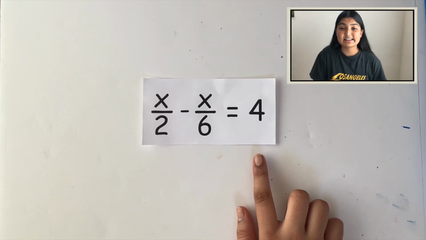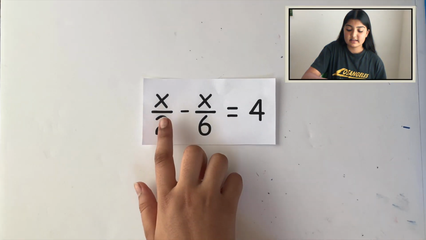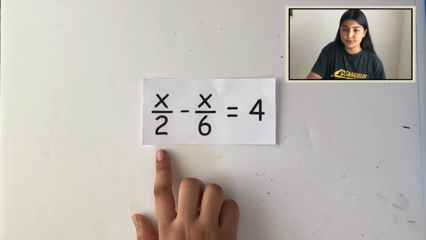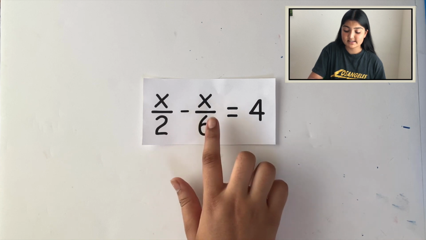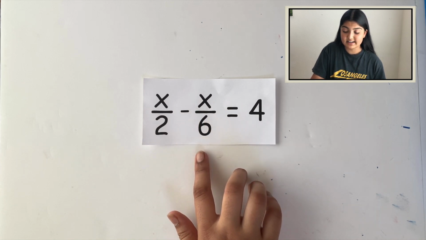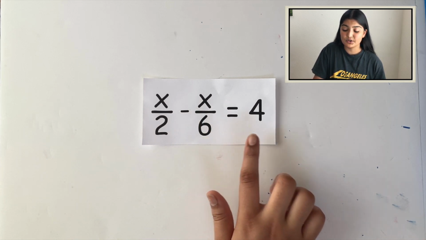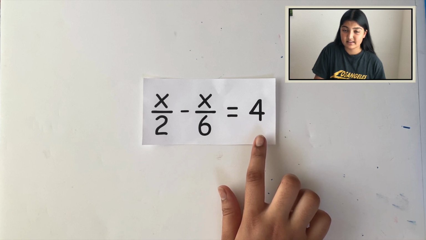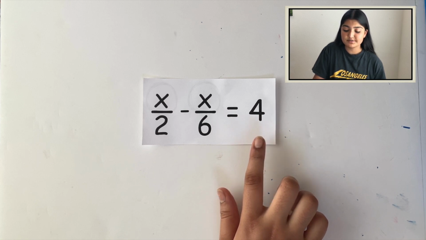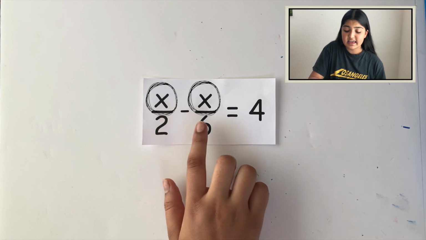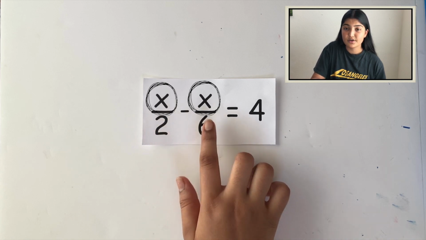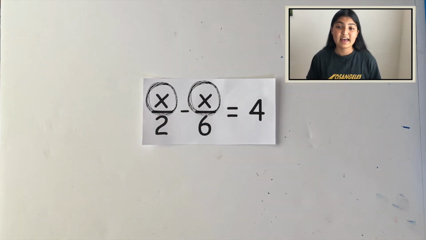Here is a single variable equation. x over 2 minus x over 6 is equal to 4. In this equation, x is the variable, or in other words, x is the missing value, and it is the value that we need to find.